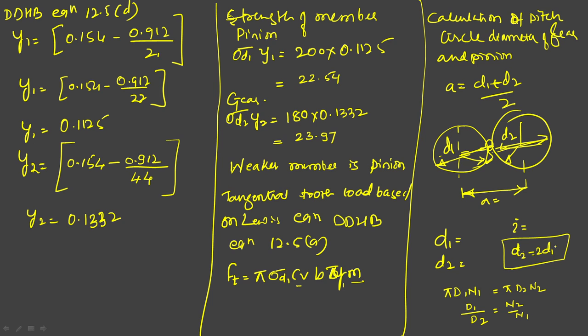Now center distance is 132 mm. This is equal to D1 plus 2 D1 divided by 2. Now this pitch circle diameter D1 can be replaced in terms of Z1 times m. Z1 is how much? 22.